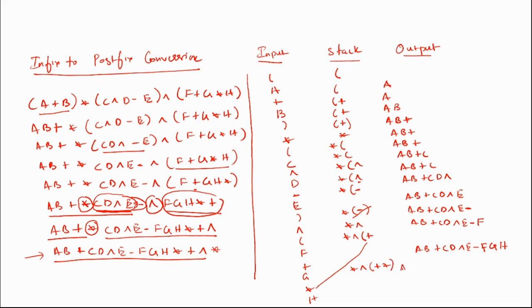Once I have the closing parenthesis, we know that I can pop out all the elements between the open and the close parenthesis. Therefore, let me just repeat writing this expression F, G, H, and once I have the closing parenthesis, I will pop out star first, then I'll pop out plus.